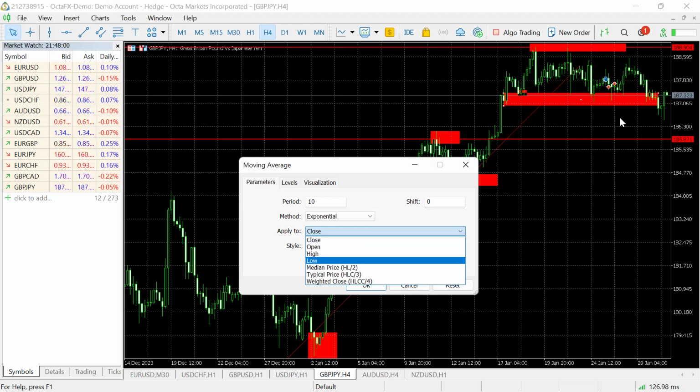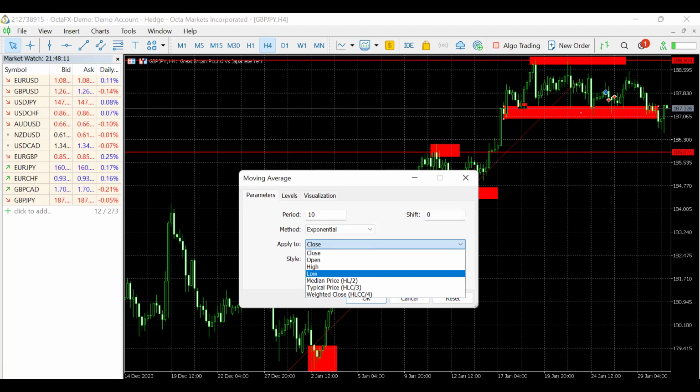If you're at close, you're setting it to give you the average for the close of all the candles for that period.